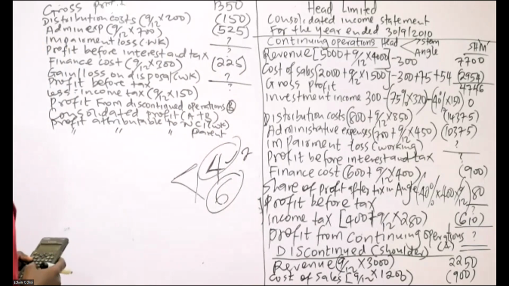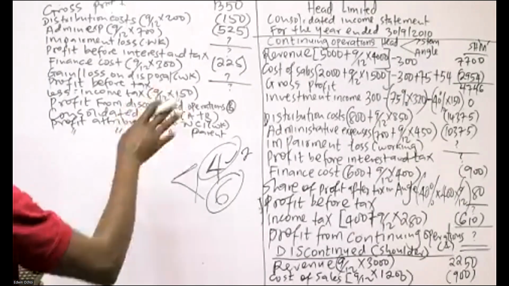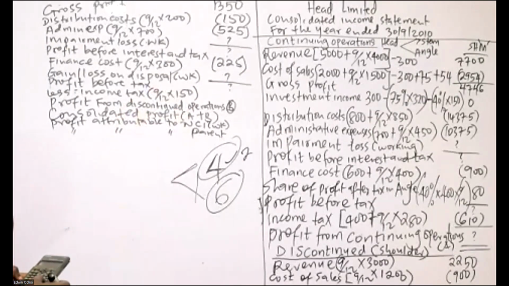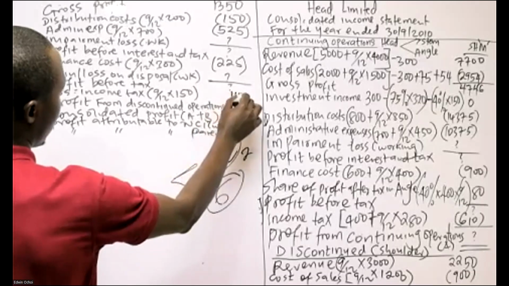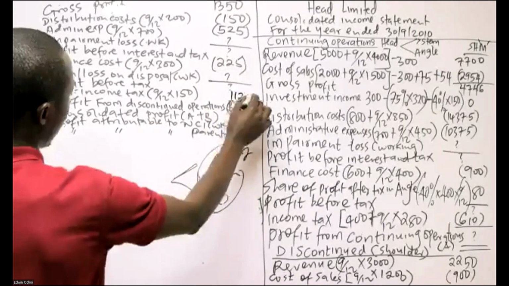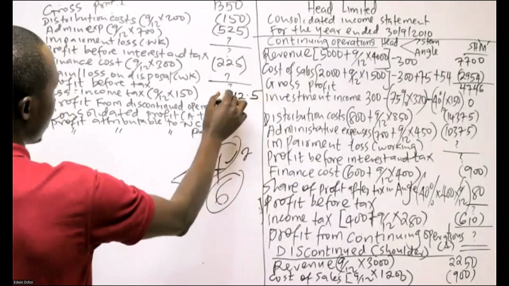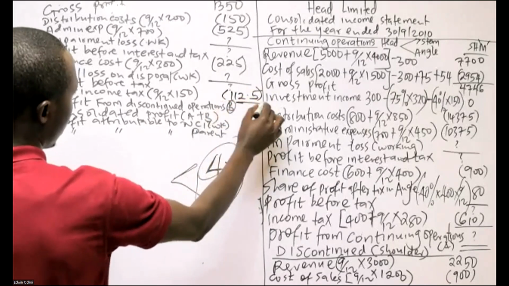So don't forget to put a question mark in your book. Yes, because we will do workings for those missing items. So just leave a space where I'm putting a question mark. This one is a deduction.